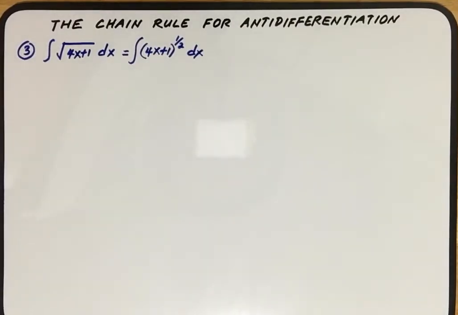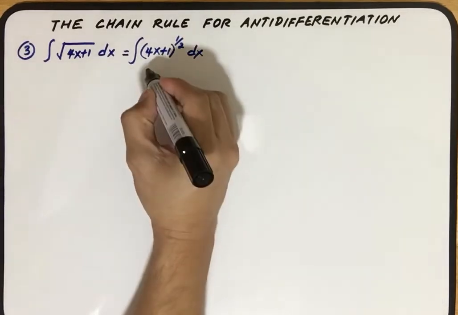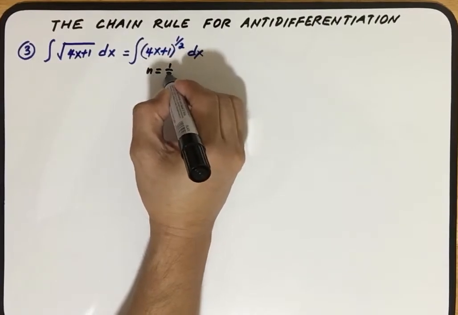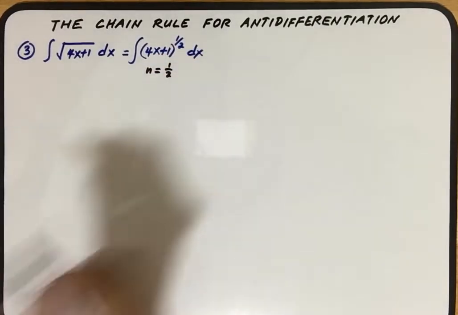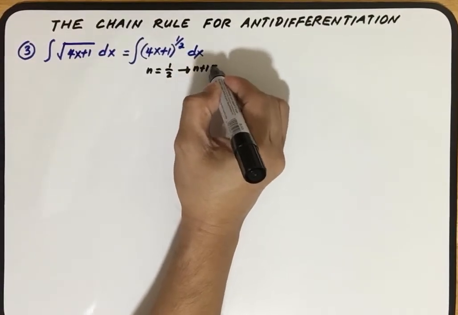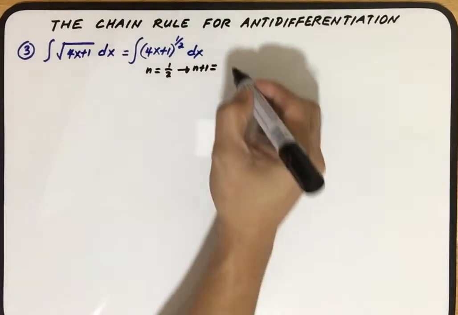Okay, so we're still in the substitution process. From here we can identify what our n is. Our n here is equal to 1/2, right? And then our n plus 1 is equal to 3/2.